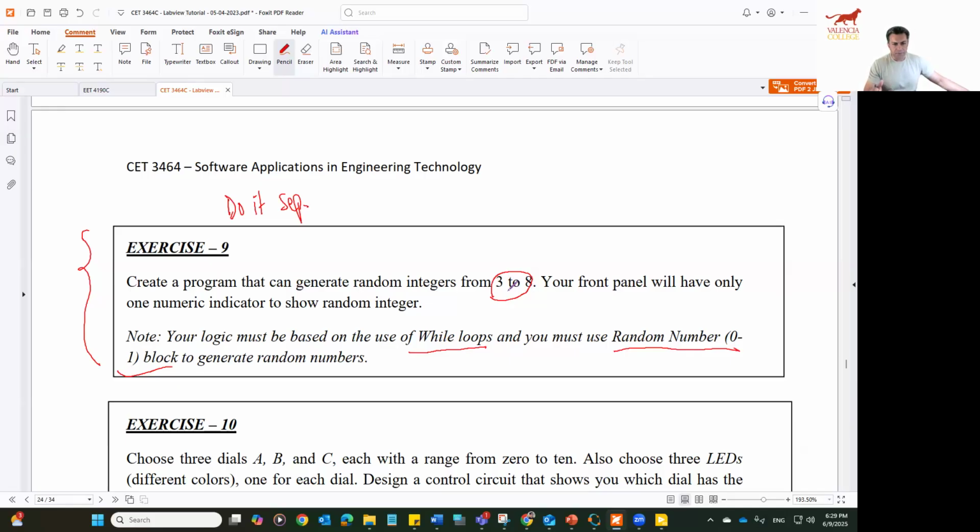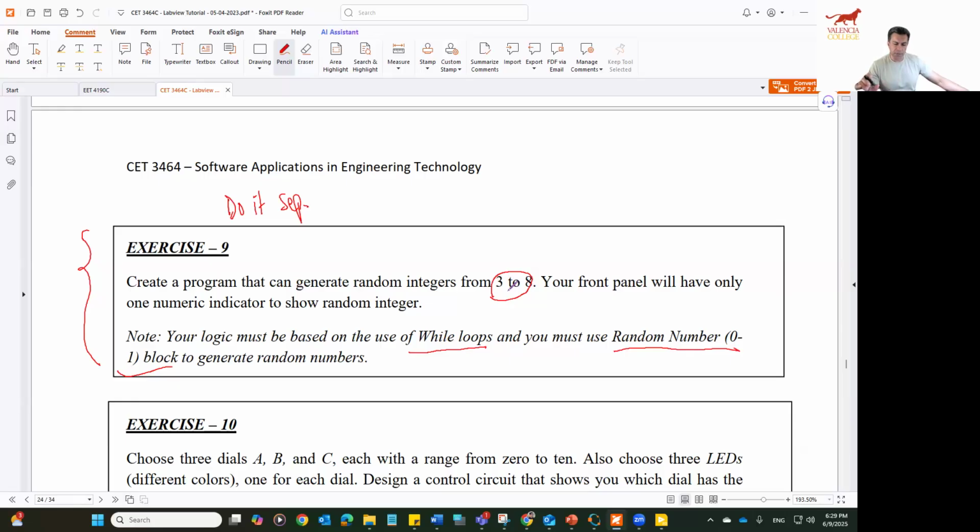Or you can generate from 0 to 10, and you can use 2 comparison blocks to see if the generated value is less or equal to 8 and greater or equal to 3. And if both conditions are true, then it's going to stop the while loop and it's going to display the value.